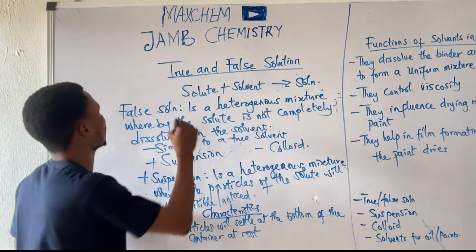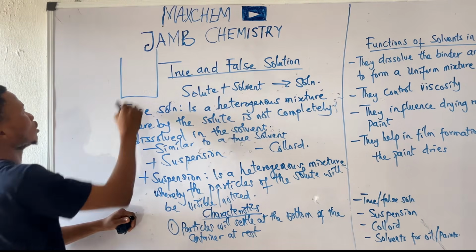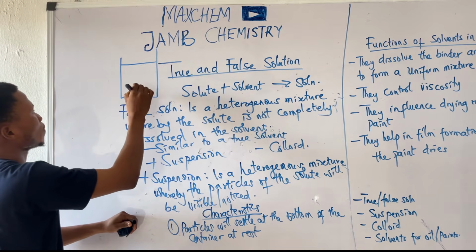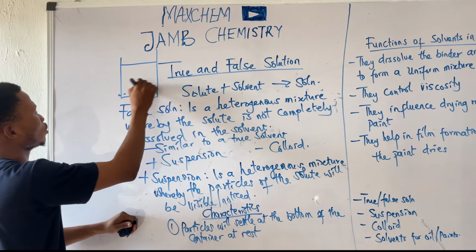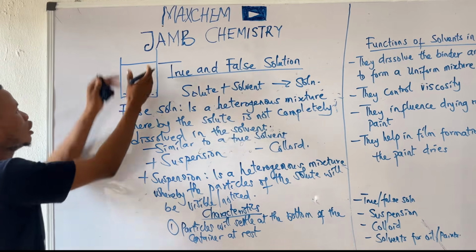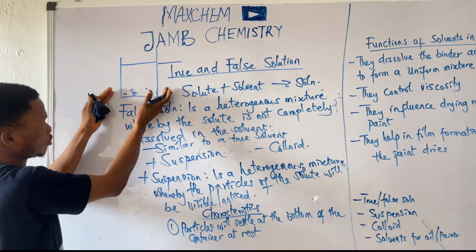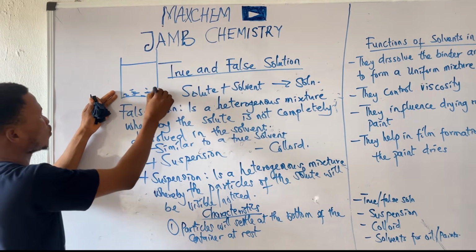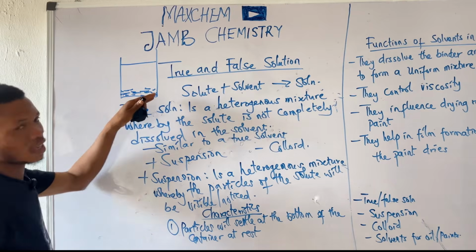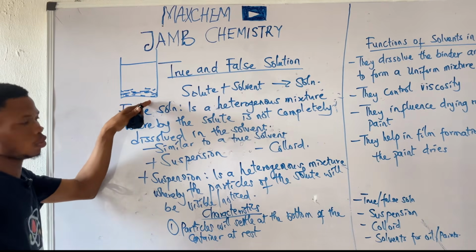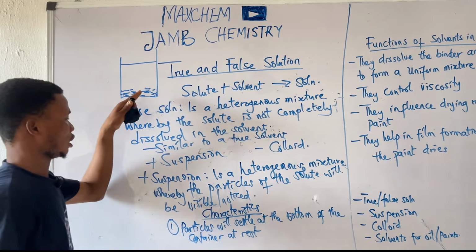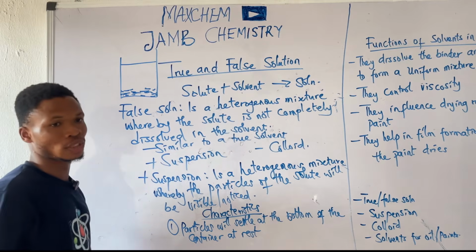Let's say this is our container, and this is the water, and you put this inside. After the reaction, at rest, you find out that at the bottom of this container you are going to find some particles. So that shows that it is a suspension.